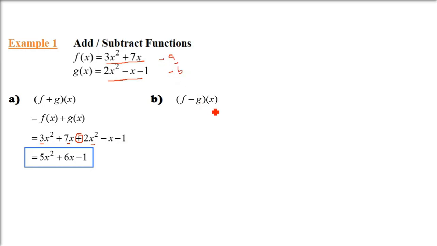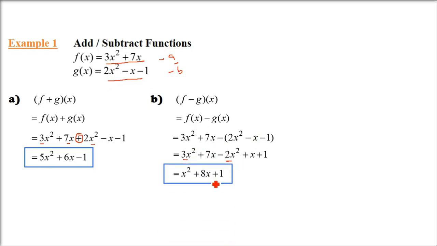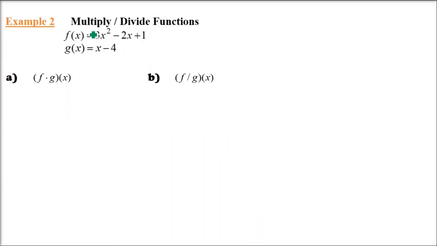For (f−g)(x), take the two and subtract them. That is 3x² plus 7x minus (2x² minus x minus 1). Just change the sign and do it the way algebraic expressions are formed, where similar x terms are added or subtracted.